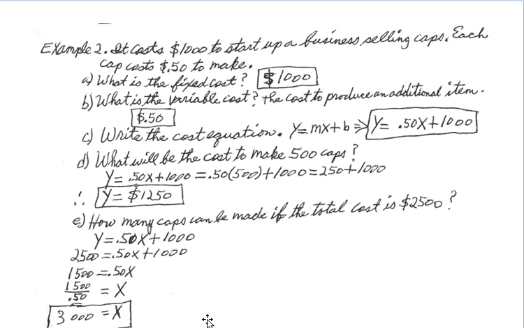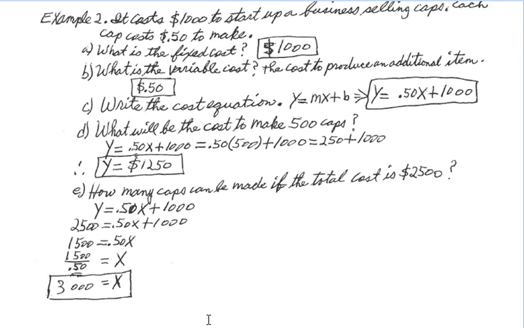So the equation becomes y equals 0.50 times 500 plus 1,000, which equals 250 plus 1,000. So the total cost to produce 500 caps would be $1,250.